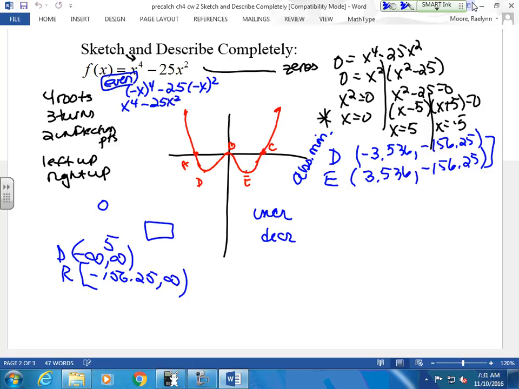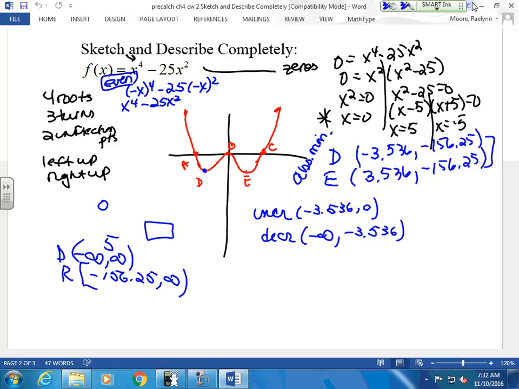I'm decreasing, decreasing till I hit this x value. So I'm decreasing from negative infinity. Remember, my y is decreasing over an x interval. So I'm decreasing until this x value. Then from here to here, from D to B, I'm increasing. So from this x value to this x value, I increased.